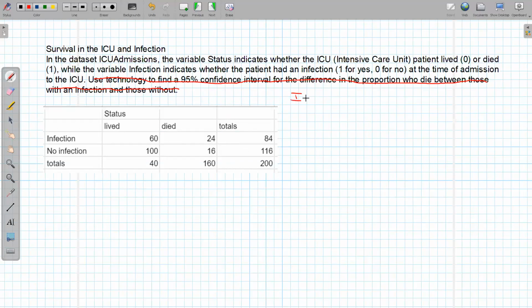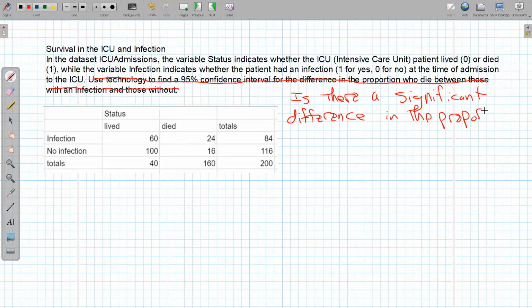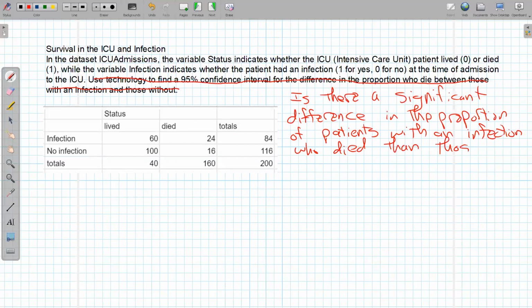So, is there a significant difference in the proportion of patients with an infection who died than those without an infection who died?